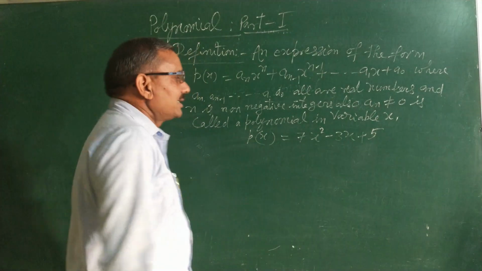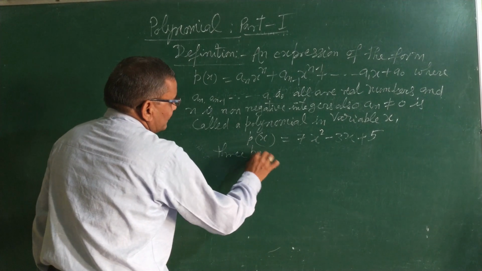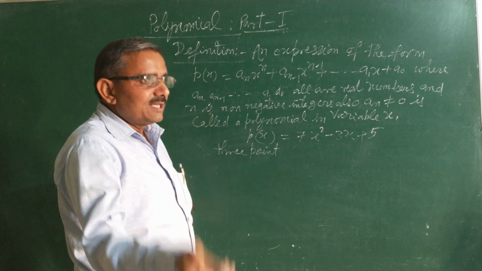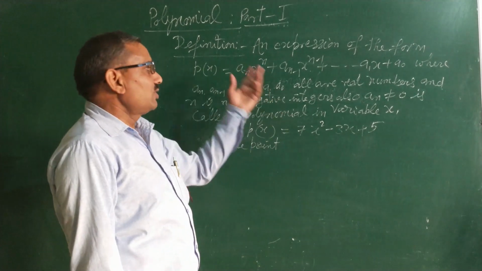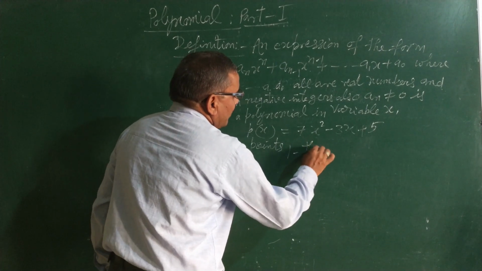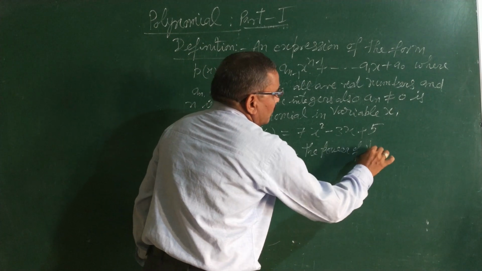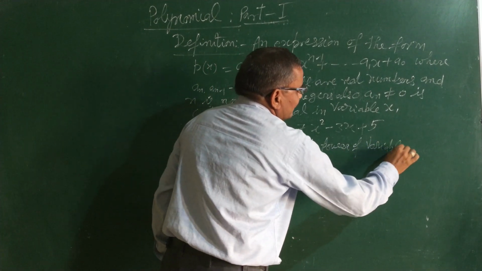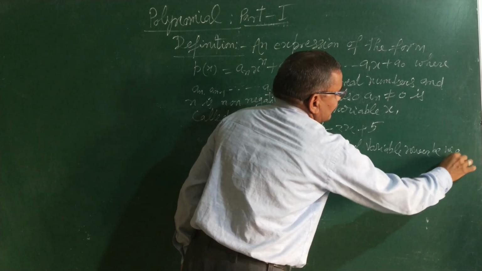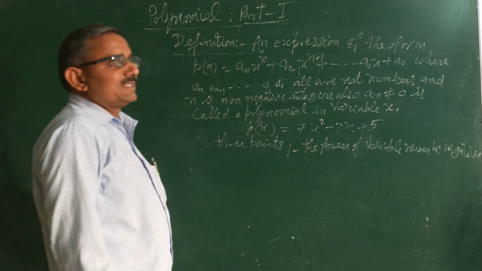I mean to say is that 3 points should surely exist in case of the polynomial. First, the power of the variable is never negative.